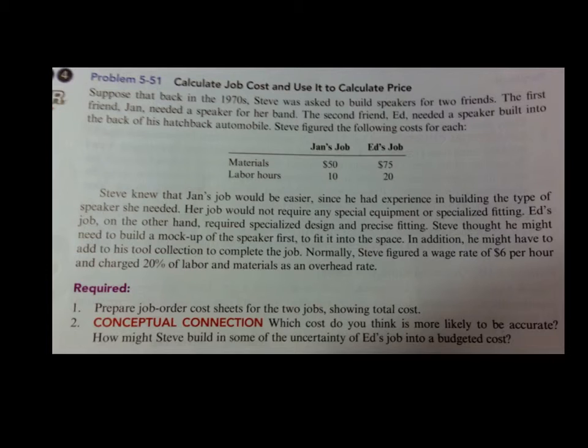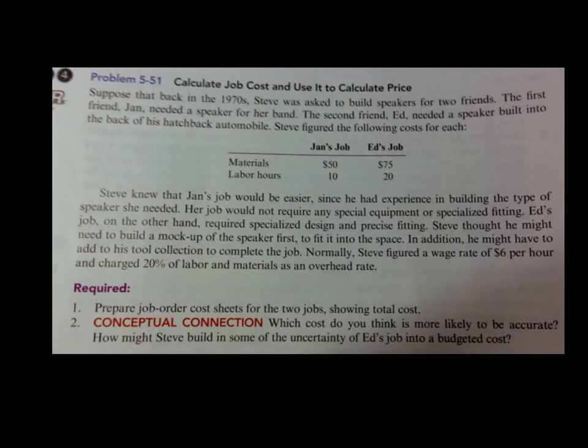For overhead, I did 20% or 0.2 times the total of the direct labor costs plus materials, since he figured a wage rate of $6 per hour, which calculated the direct labor costs. However, it's 20% of that and materials, which is materials right here, and direct labor costs.